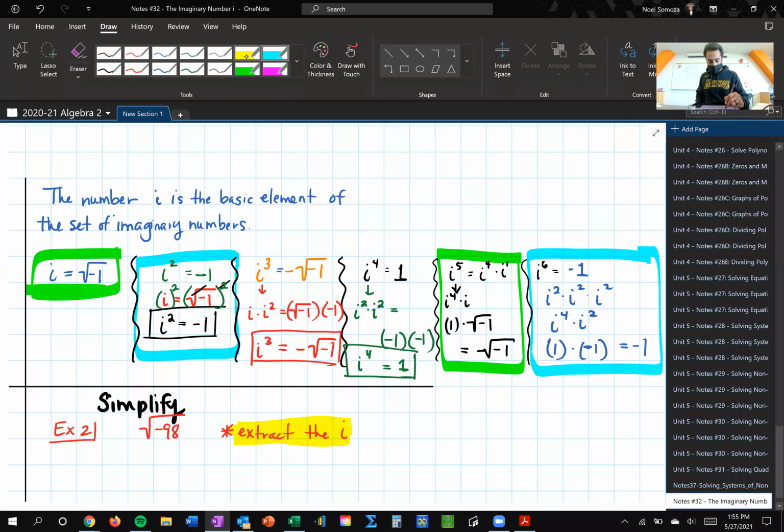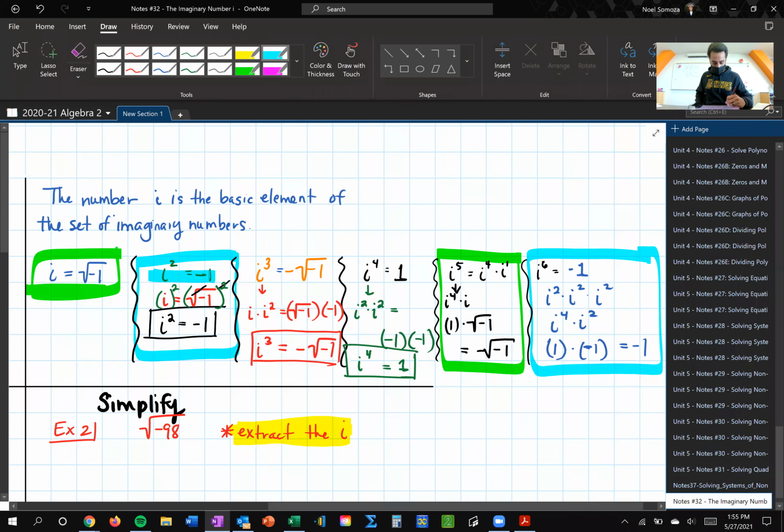And the other really important one is this one: I squared is equal to -1. I would say those are the two more important ones to remember. Everything else can be solved for. So those are our big ones. Those are the big takeaway.